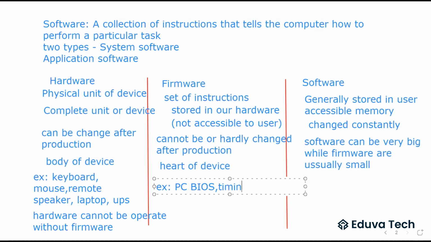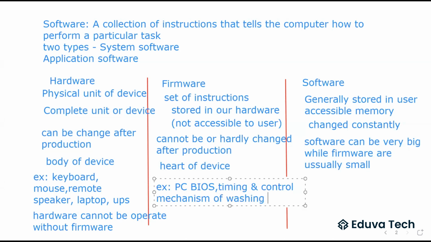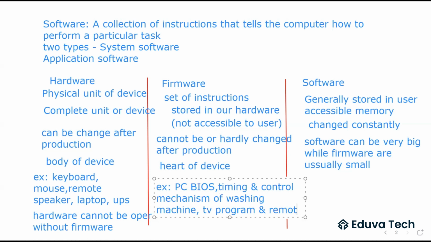Other examples are the timing and control mechanism of a washing machine, or a TV program and remote. The firmware operates on the hardware. Hardware cannot operate without firmware.